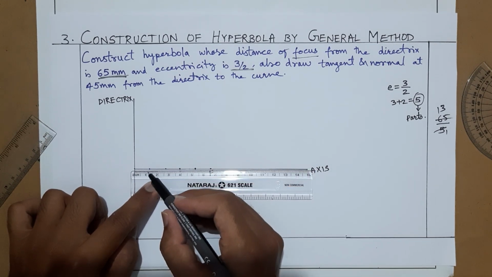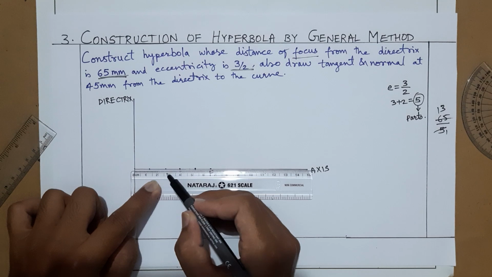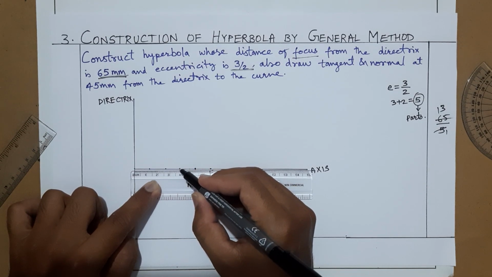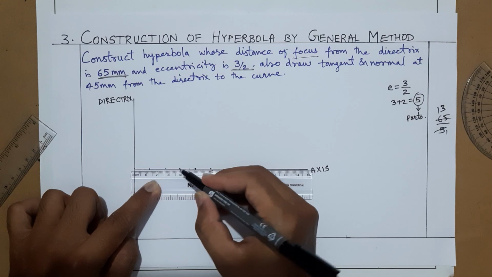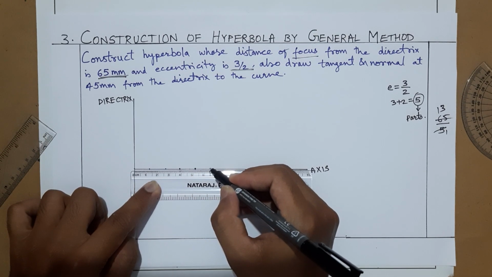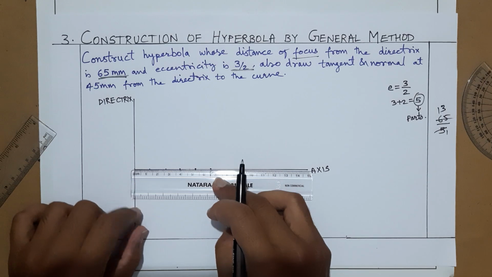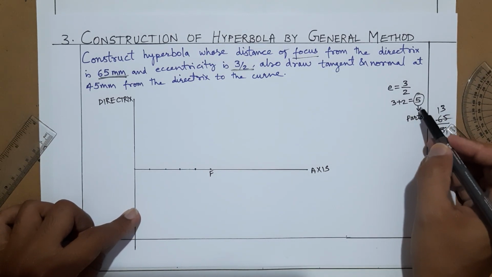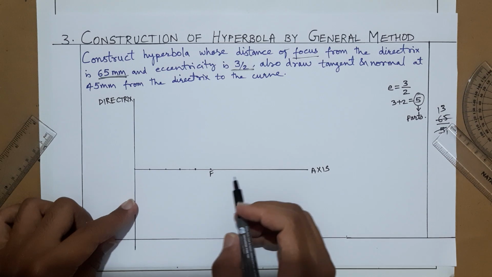So here 13 mm, 13, 26, and here 13 mm plus 13 means 39, plus 13 is 52, and plus 13 total 65. So how many parts we did, 5 parts, because 3 plus 2 was 5.